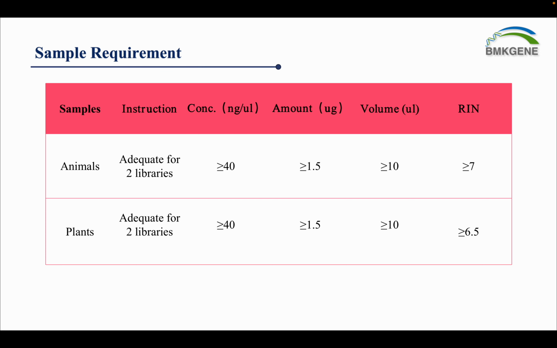For example, if the total amount is not up to the standard, it would affect the library preparation experiment. Also, if the amount is too low, the concentration of the library would be too low to meet the standard of sequencing. And a low RIN level indicates RNA degradation, which results in uneven data distribution and a quantitative impact.